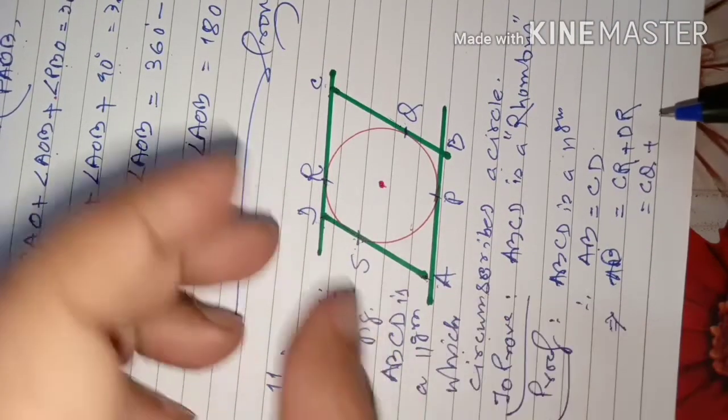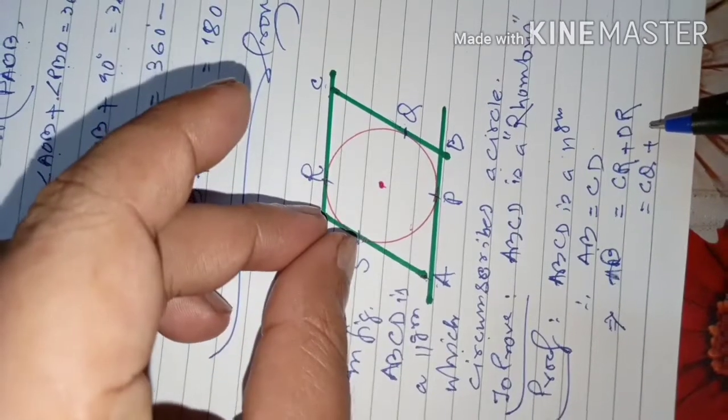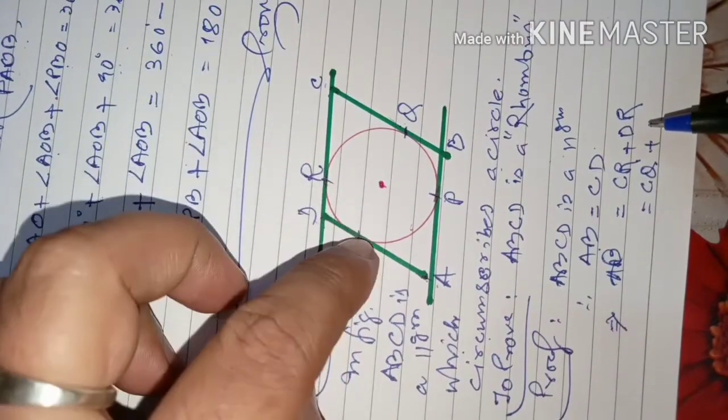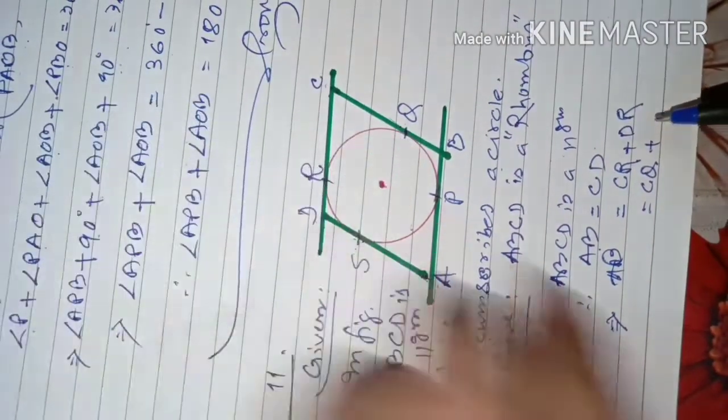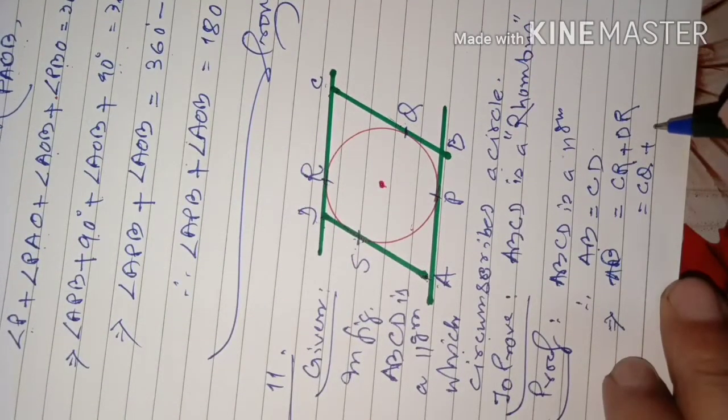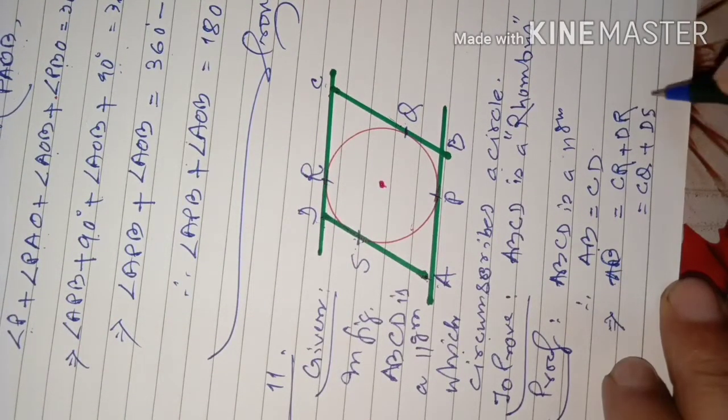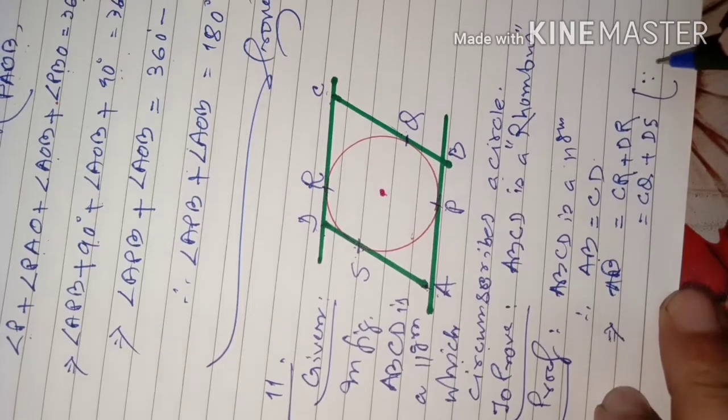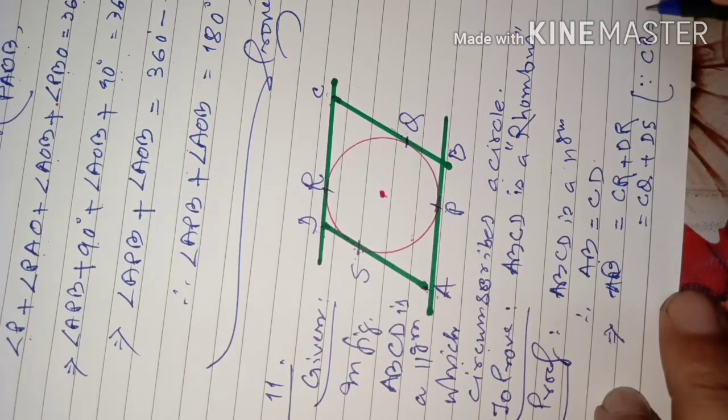And DR is equal to DS, because DR and DS, they are tangents from an external point. So CR and CQ, tangents from an external point. So DR can be substituted by DS. So you can say here, since CR equals CQ and DR equals DS.